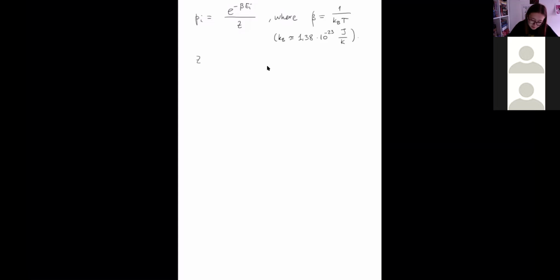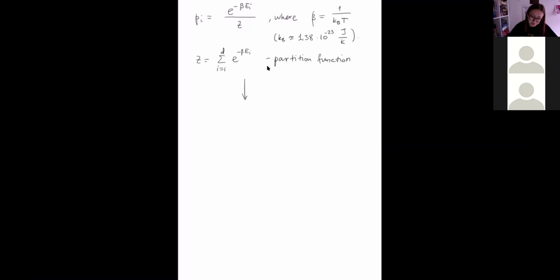And Z is called the partition function, and it essentially ensures that the probability distribution is normalized.